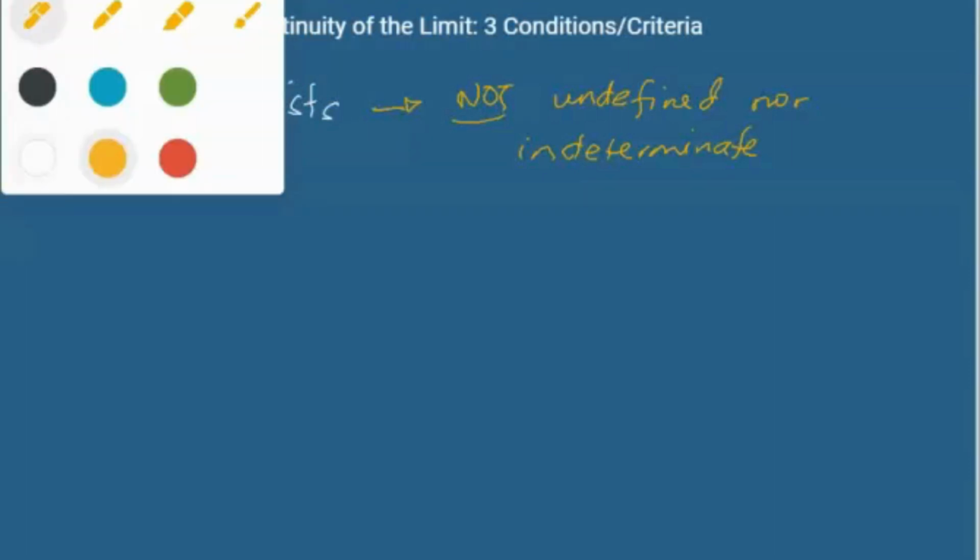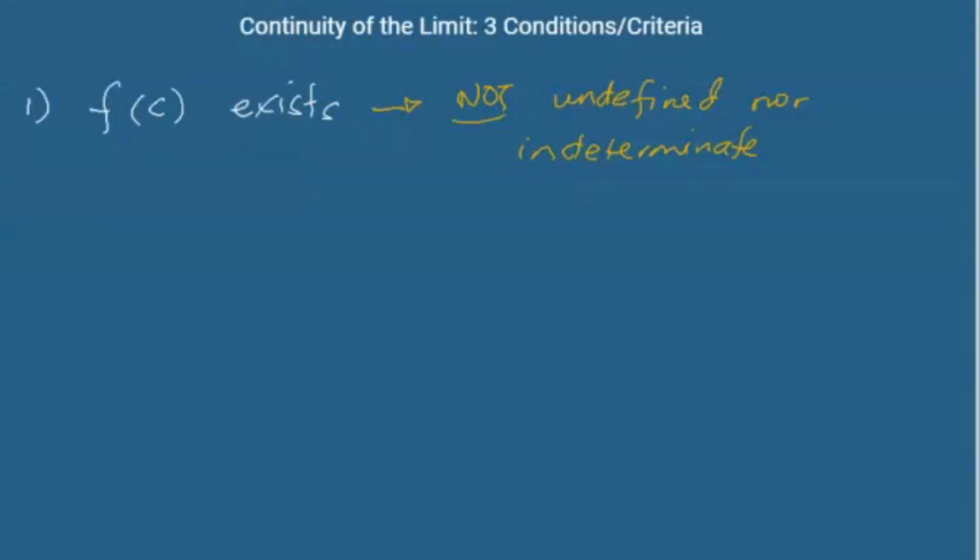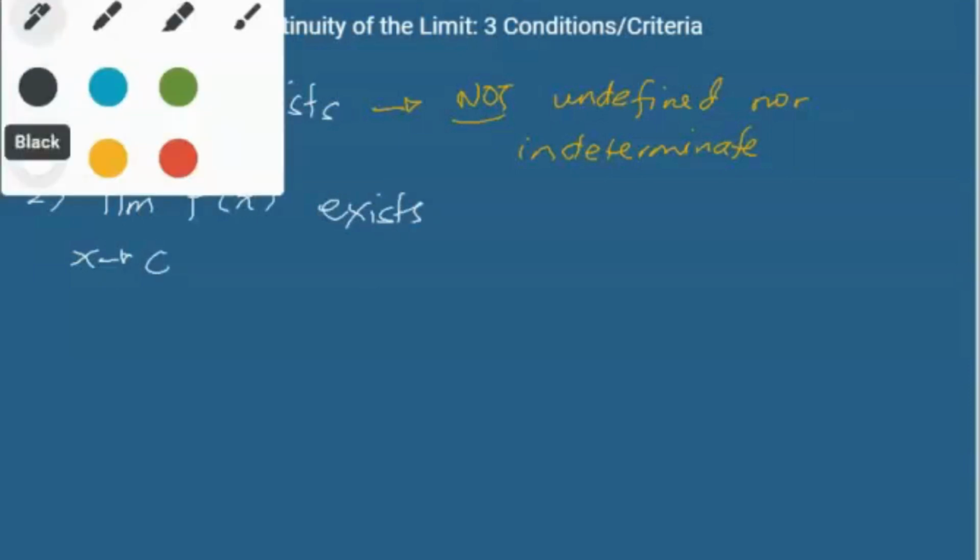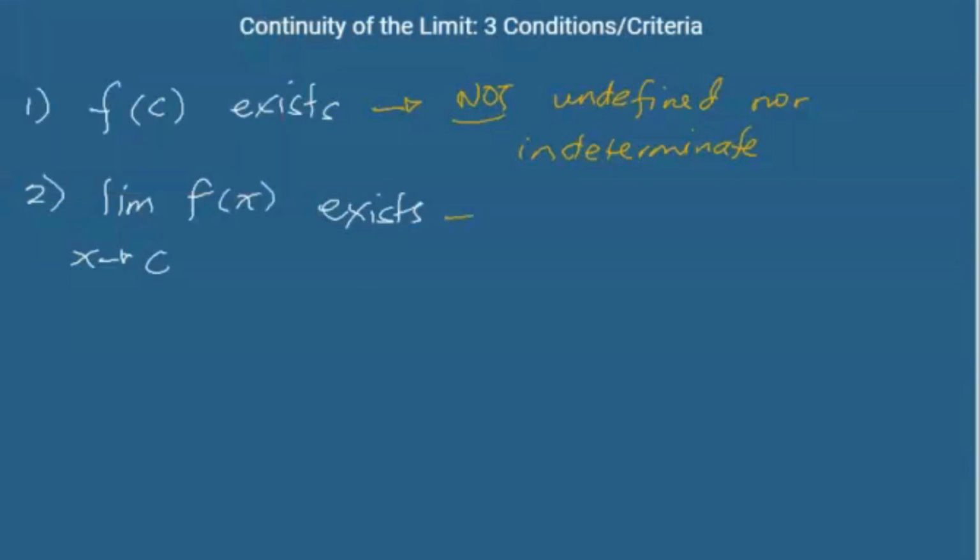The second condition is that the limit of f of x as x approaches c exists as well. It means that it does not DNE, does not exist.